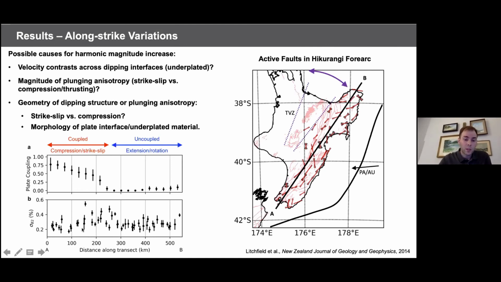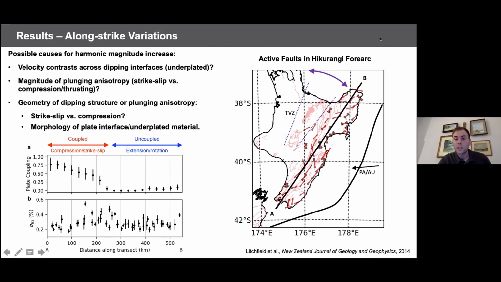So in southern Hikurangi here, close to A, we see that high plate coupling, so the plate interface is locked. In northern Hikurangi, it's uncoupled, so the two plates are sliding next to each other. And where this sharp change occurs correlates well with the observed change and drop in the magnitude of this harmonic signal, as well as the change in the direction of these harmonic signals.